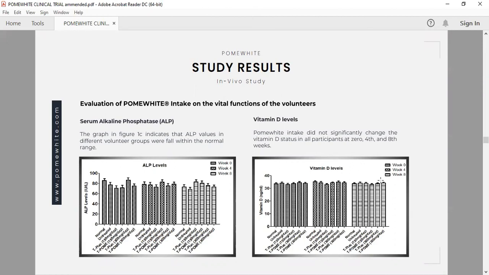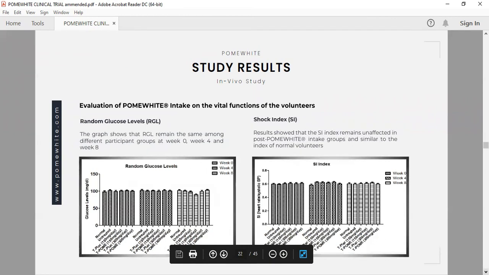So if somebody takes some hazardous chemical, the first thing disturbed in the body is liver function. That's why with every clinical trial we check the LFT, liver function test levels, and these could be measured by three major markers: total bilirubin, direct bilirubin, and alkaline phosphatase. Then vitamin D levels were also checked among these groups, and they also fall in the normal range.